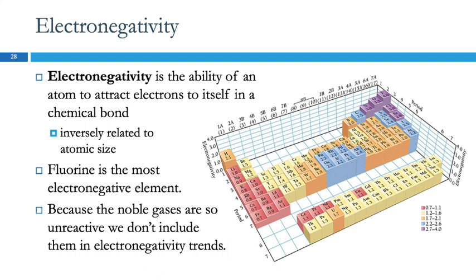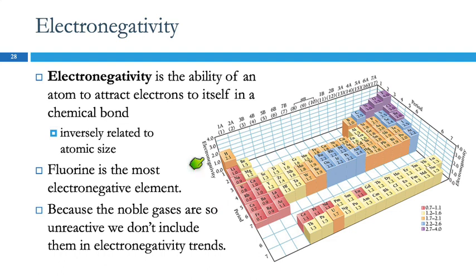So this property of electronegativity is inversely related to atomic size. So we learned that as you go across the period, atoms get smaller. As you go across the period, electronegativity gets larger. As you go down a group, atoms get larger.